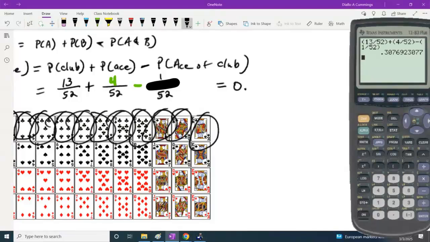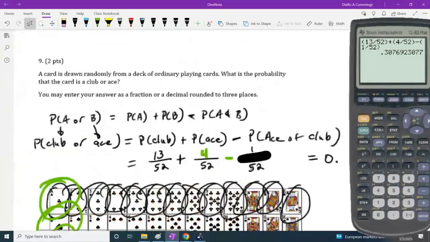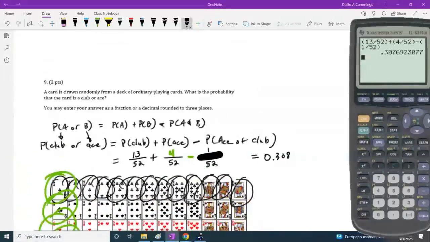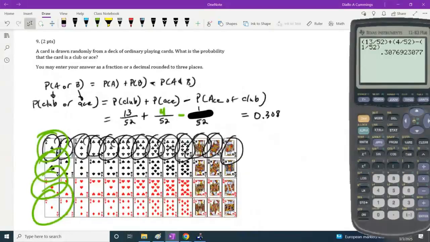And we get 0.308. Is everybody okay with number 9? Okay. It's only worth 2 points, but remember there is some overlap. So that's why we use the minus, okay?